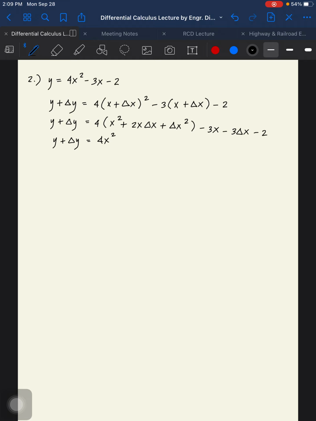We have 4x squared plus, this becomes 8x delta x. Now, we need to be very careful with this one. We have 4 delta x squared.